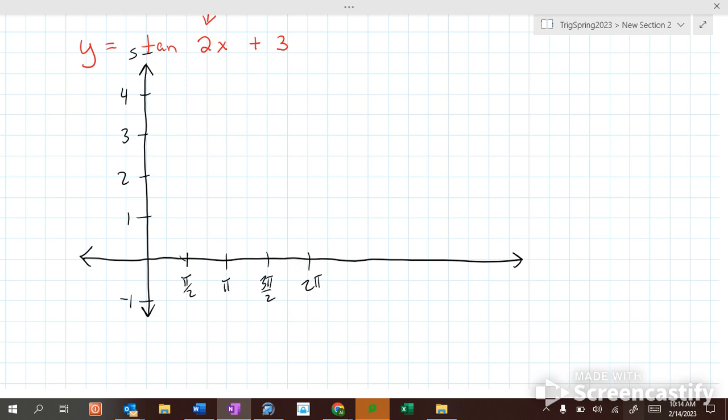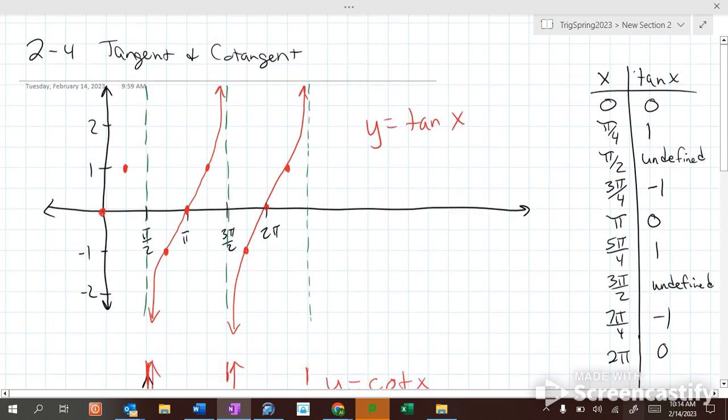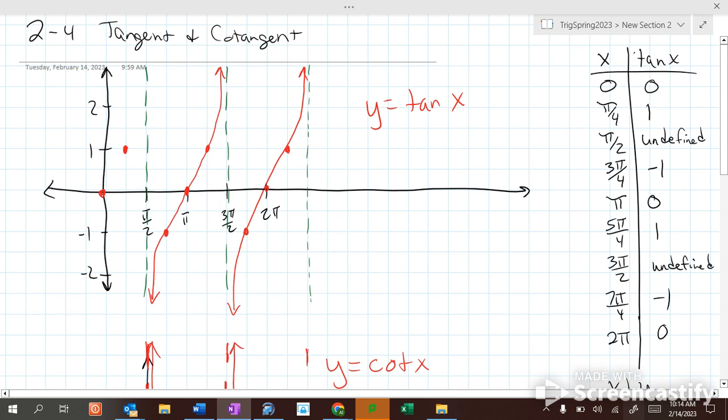Yep, we are going to use that tangent graph we used earlier. Okay, everybody ready to roll? Now, looking at this tangent graph, see how we had an asymptote at pi over 2 and an asymptote at 3 pi over 2 and then 5 pi over 2.